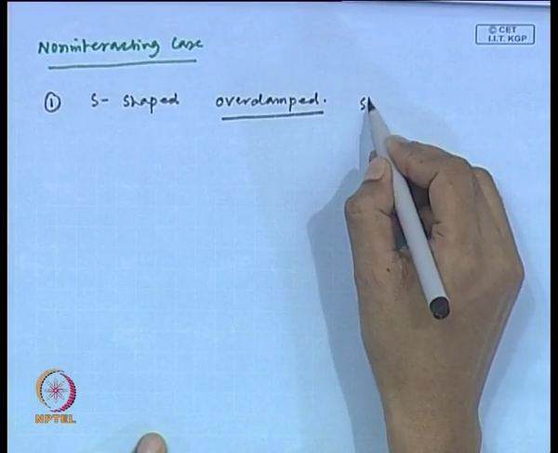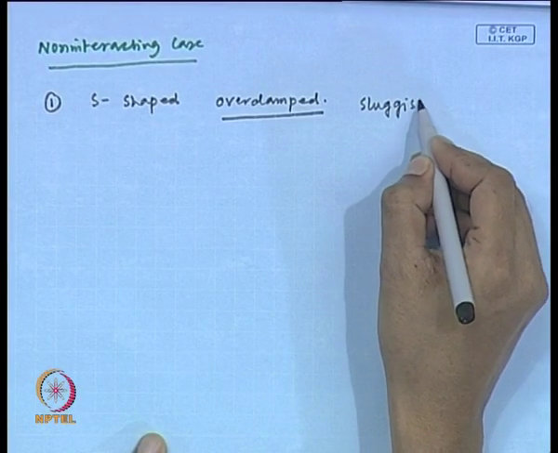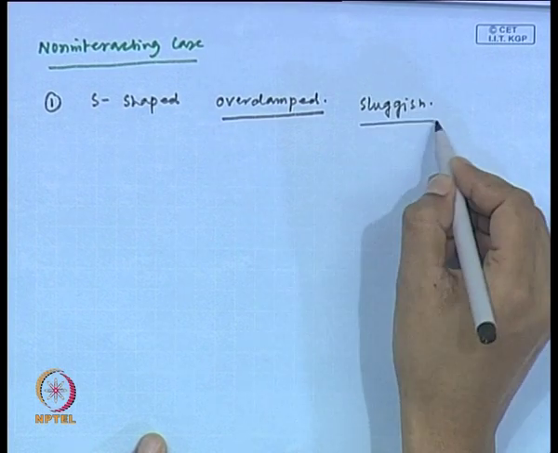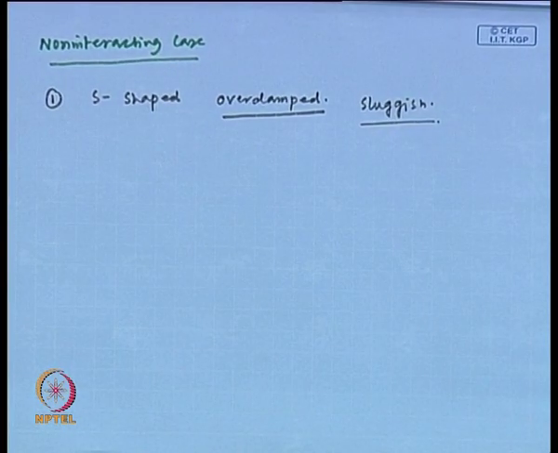Overdamped means zeta is greater than 1, so the overall response is sluggish. This is the first remark. Fine.